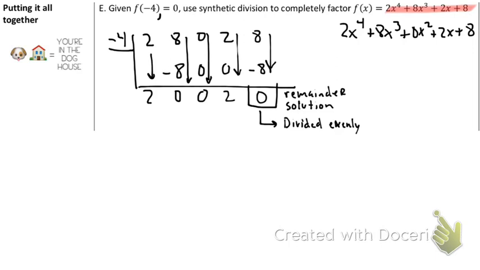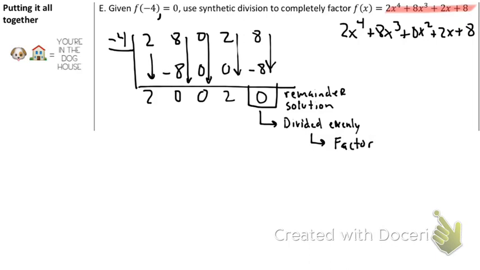And what I mean by that is, because there's no remainder, whatever you plugged in here actually divided our original problem evenly. And when we divide evenly, that has a special name. That's called a factor.